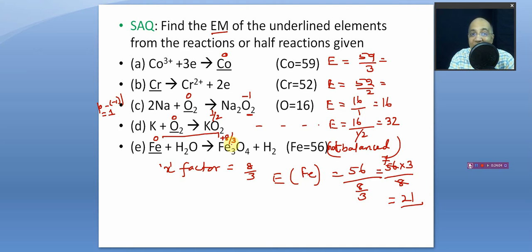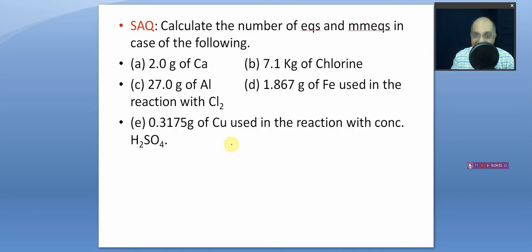So all depends on the change in oxidation number per atom, because we are now interested in the element. Therefore, I would advise you not to use molecular mass, even if it remains as a diatomic molecule, like oxygen, chlorine and all that. You take atomic mass, and per atom, what is the change in oxidation number, or the number of electrons gained or lost.